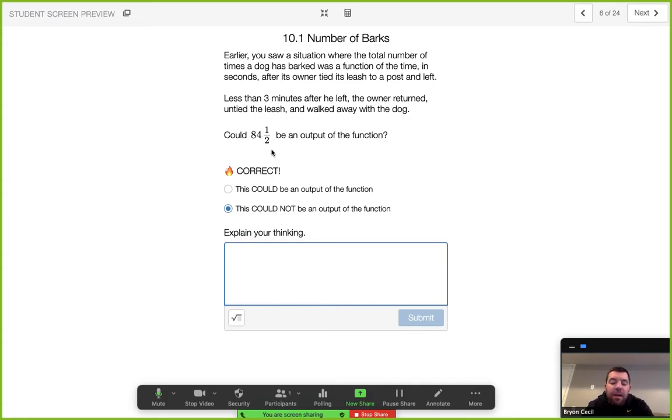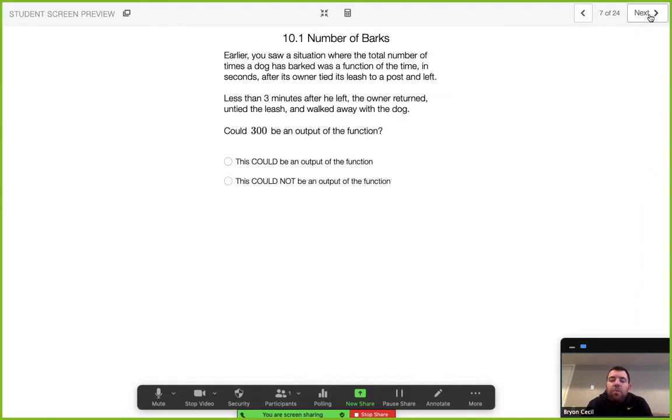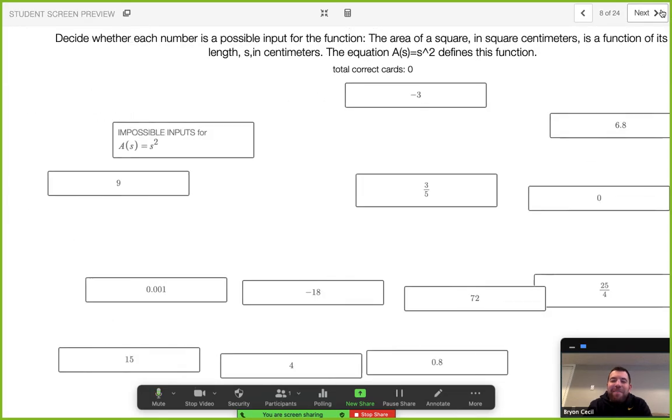There is no such thing as a half bark. Could 300 be an output? Yes, because there can be 300 barks. That would be a lot of barks in 3 minutes, but it could happen.